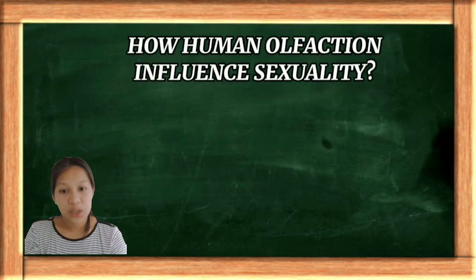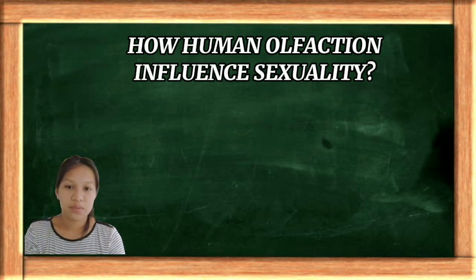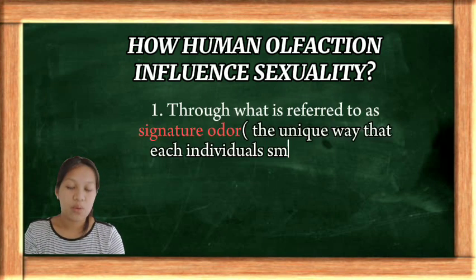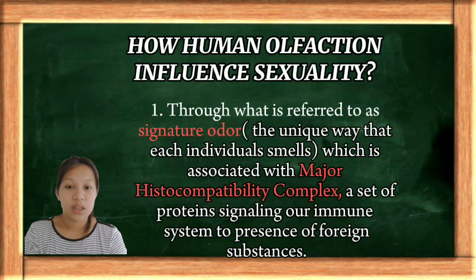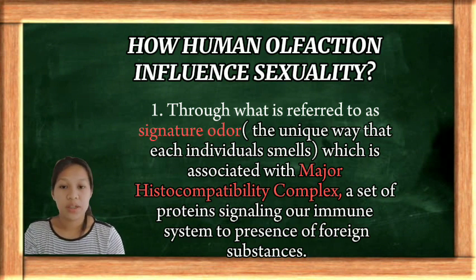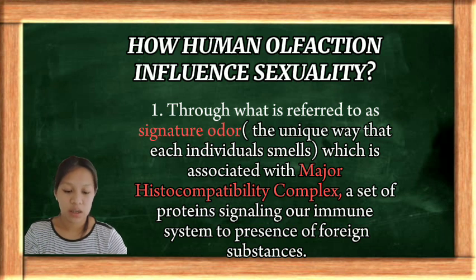So, how does human olfaction influence sexuality? First, through what is referred to as signature odor. It is the unique way that each individual smells, which is associated with the major histocompatibility complex, or a set of proteins signaling our immune system to the presence of foreign substances.